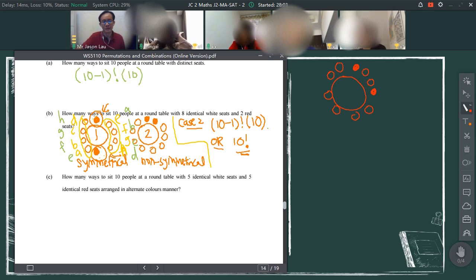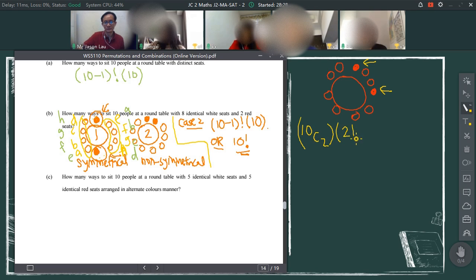Now, if I'm not sure what to do, I will use the method of choosing 10 people, 2 of them, to fill up the seats. How many ways to fill them up? 2 factorial. Will it be different?